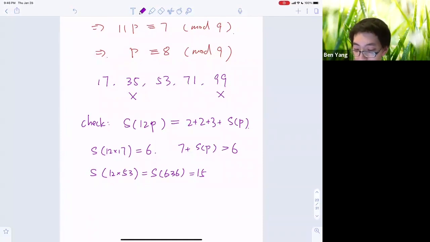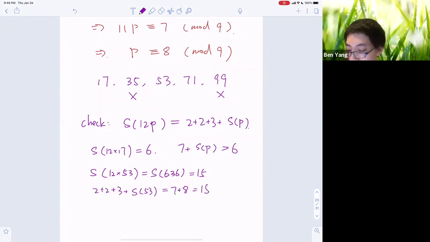Now we also need 2 plus 2 plus 3 plus S(53), so that's 7 plus 8, which is also 15.